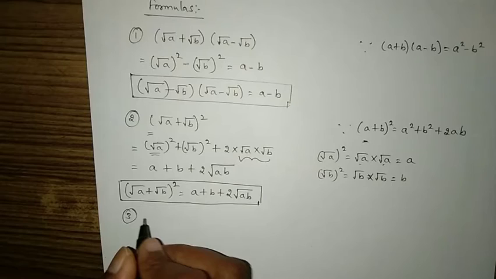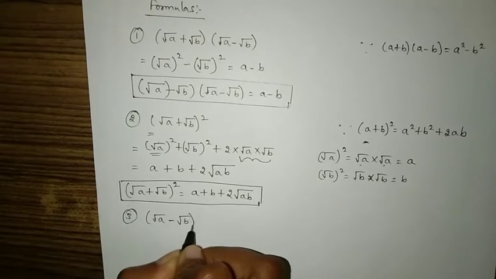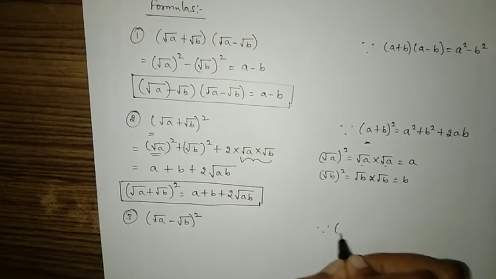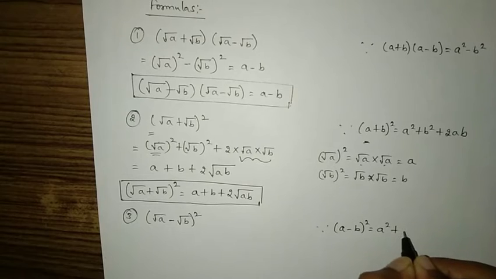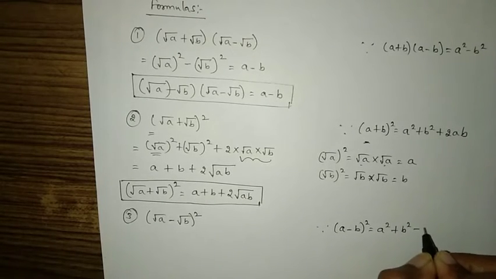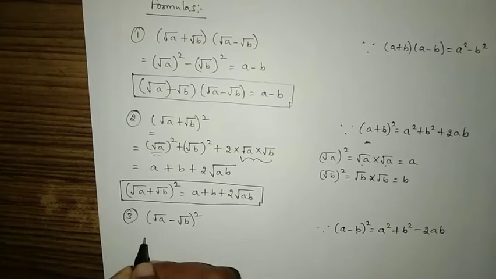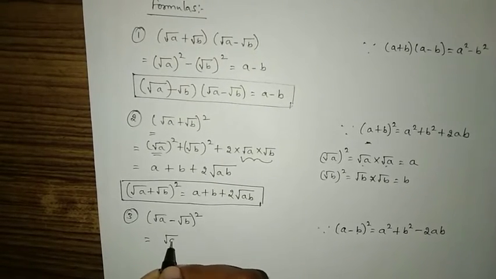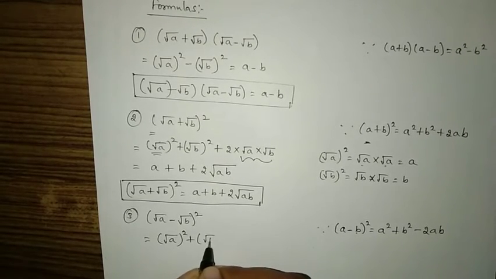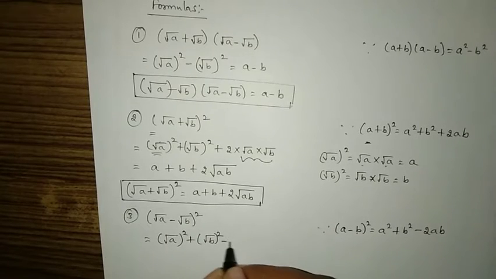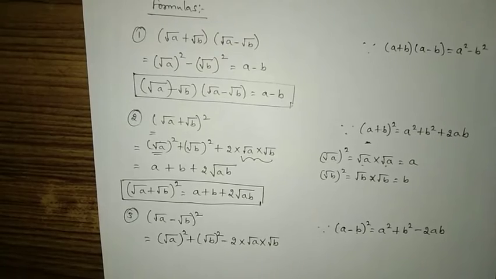So the third one, (root a minus root b) whole square. The formula is (a minus b) whole square is equal to a square plus b square minus 2ab. So we are applying this formula here, that is root a whole square plus root b whole square minus 2 into root a into root b.